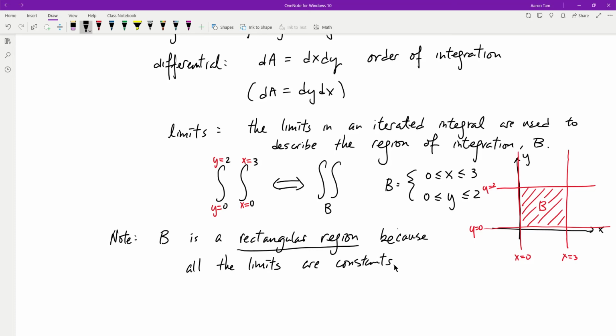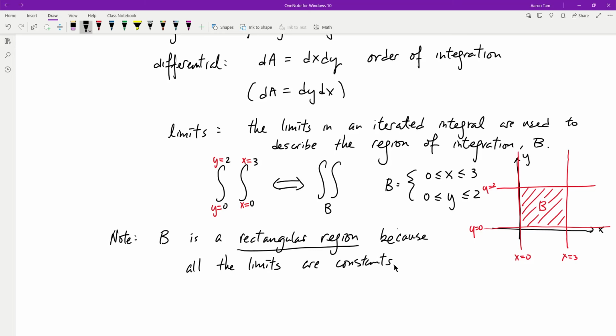And more importantly, those straight lines are parallel to the axes, because you have lines that are simply x equal to and y equal to. So you're basically forming horizontal lines and vertical lines. So therefore we form a rectangular region. Rectangular regions are extremely important in the sense that they are very easy to evaluate the integral of.